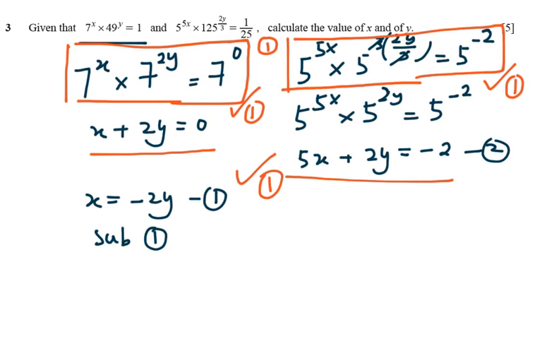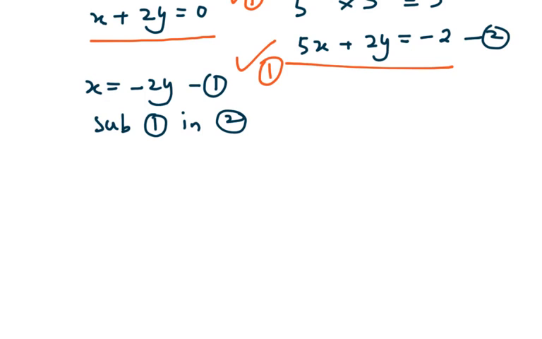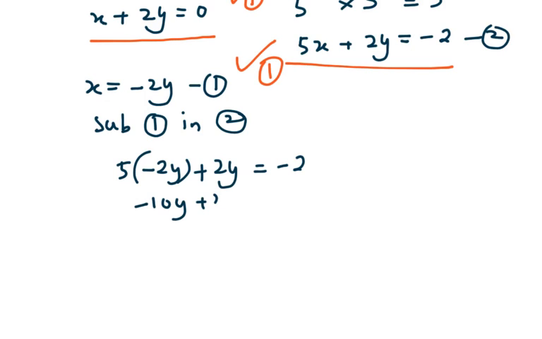Substitution of equation number 1 into equation number 2. So 5 times negative 2y plus 2y equals negative 2. Hence here, negative 10y plus 2y equals negative 2. You will get negative 8y equals negative 2.